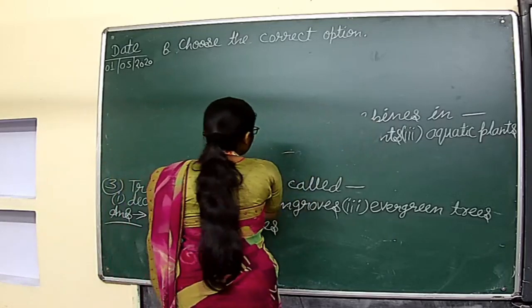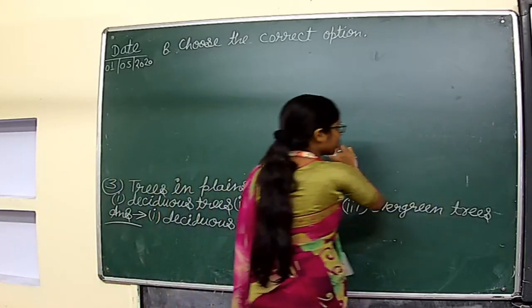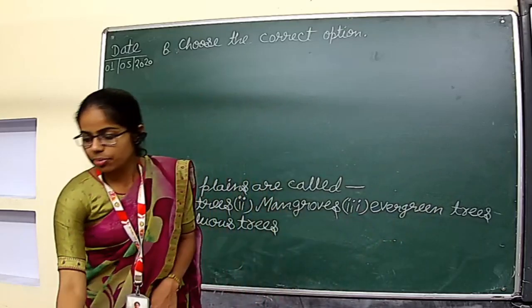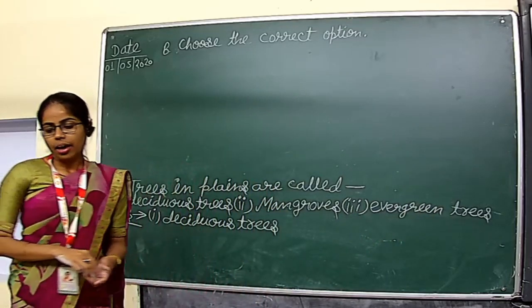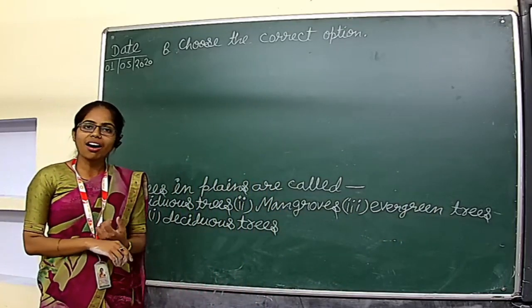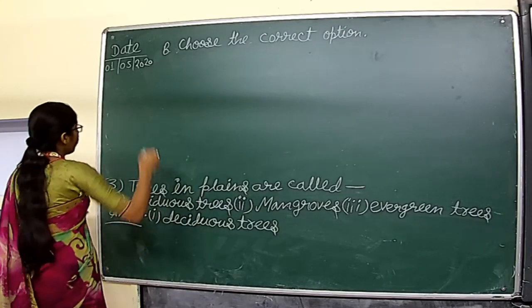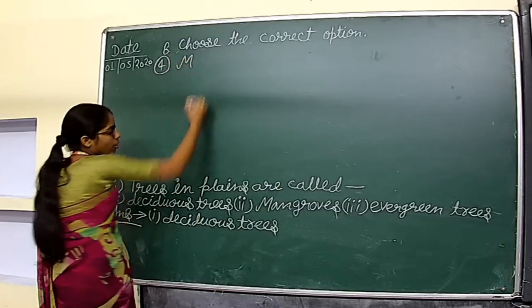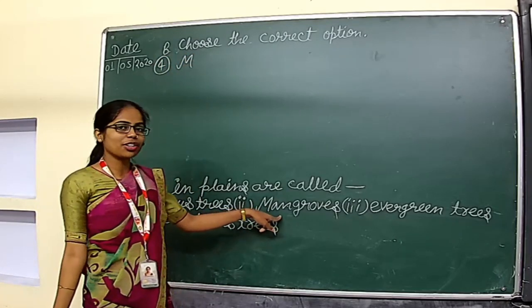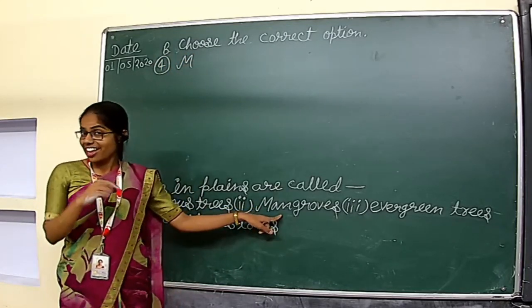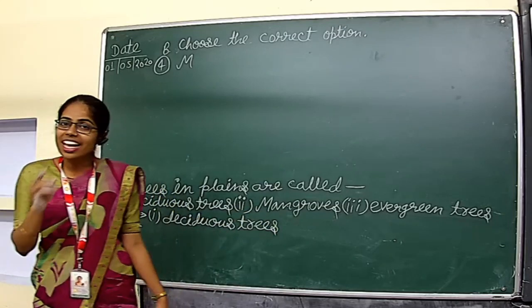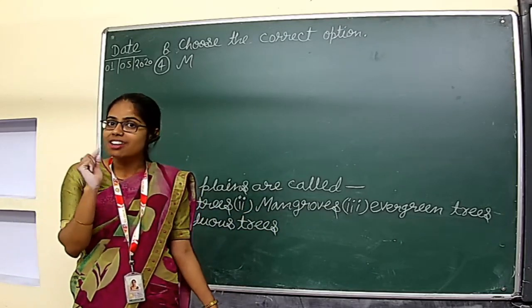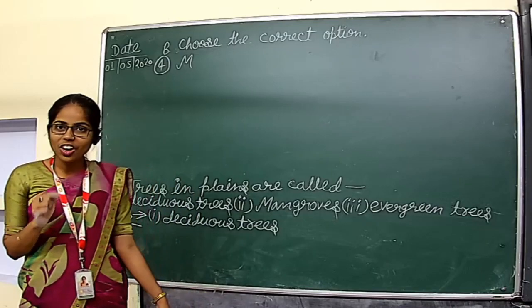Let's see what question number 4 is. Question number 4 is: mangroves are plants of dash. It's given about the mangroves. Now only I told the answer for this question. What answer did I give? Marshy area. I gave, no? Yes.